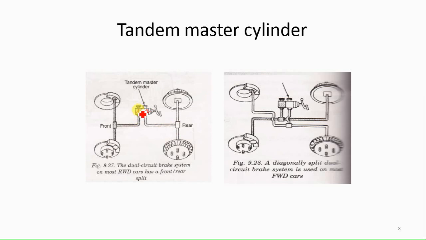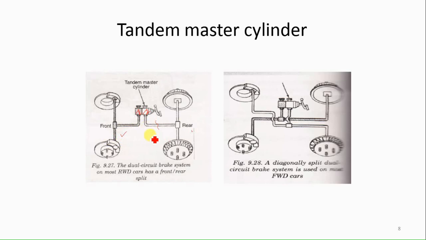So this one reservoir provides the pressurized brake fluid for the braking action of the front wheels, and the other reservoir provides the braking action to the rear wheels. If any of these lines fails or leaks, in that case the braking action is still performed either in the front wheels or in the rear wheels.